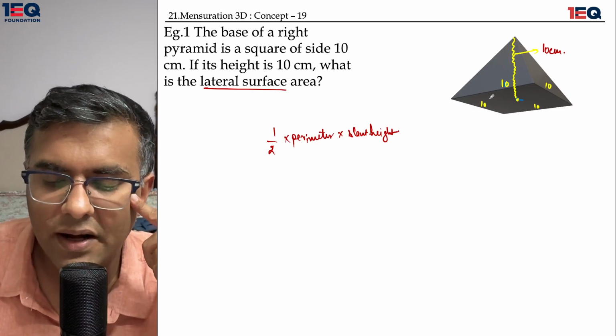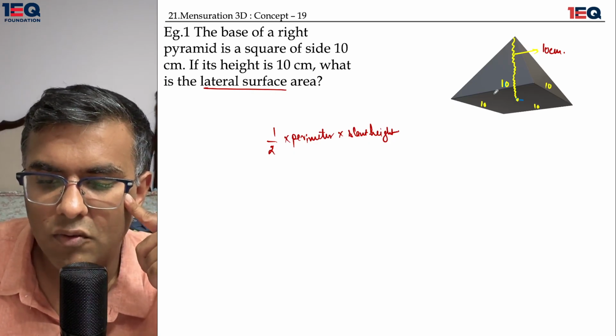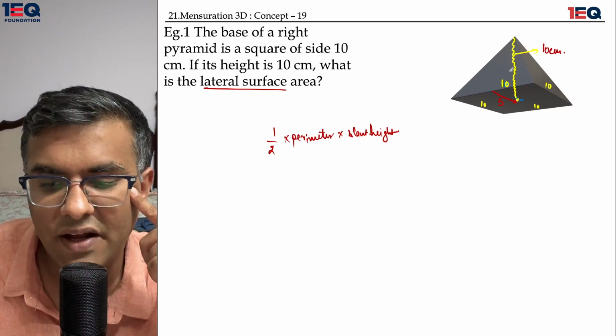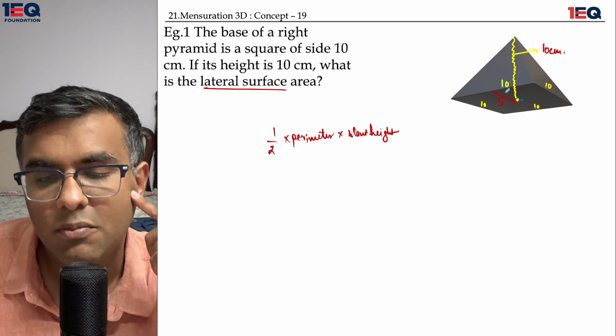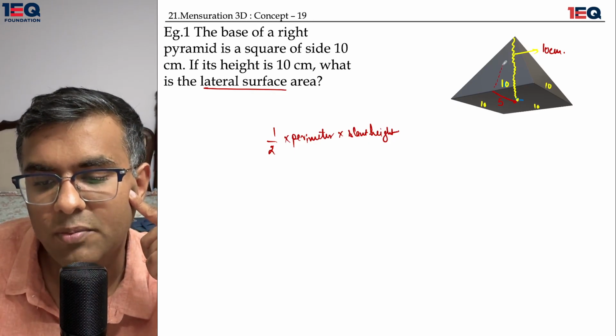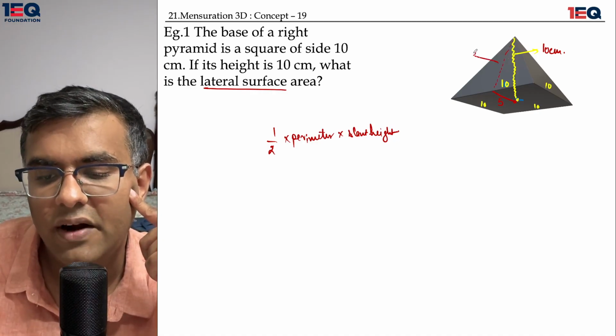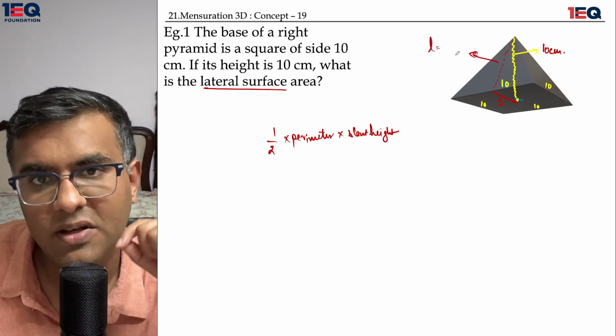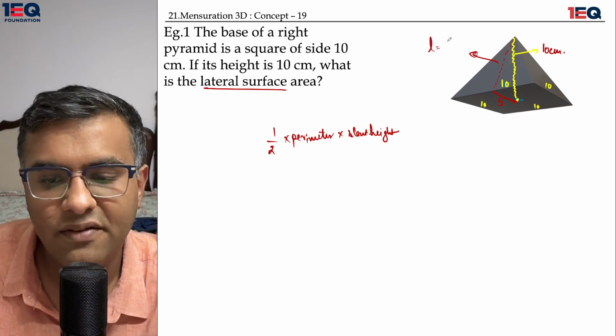The slant height in this case would come out to be this, and this is nothing but 5. The real height is 10, the base is 5, and using the Pythagoras theorem I can find out the value of slant height here, L being equal to root of 10 square plus 5 square, which is root 125.